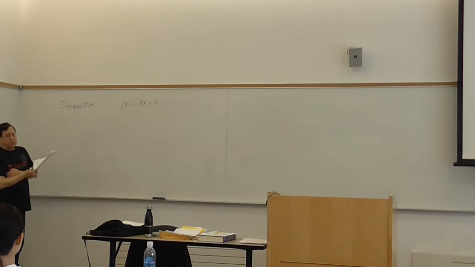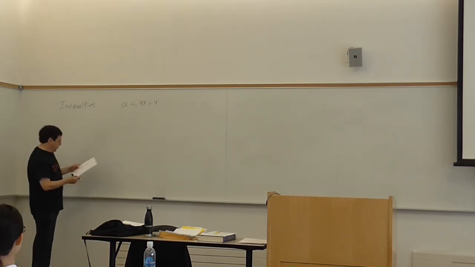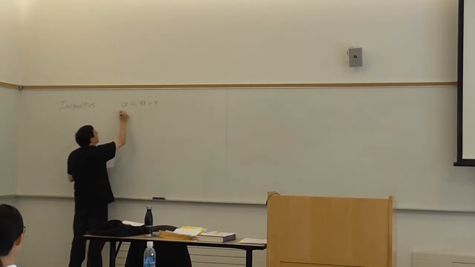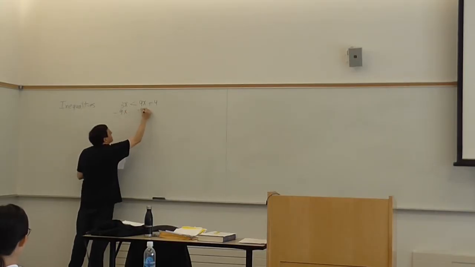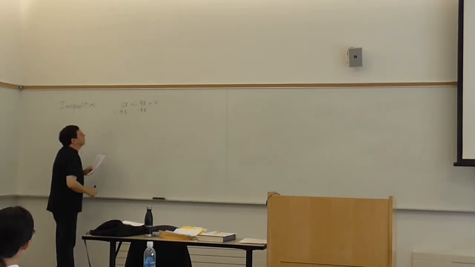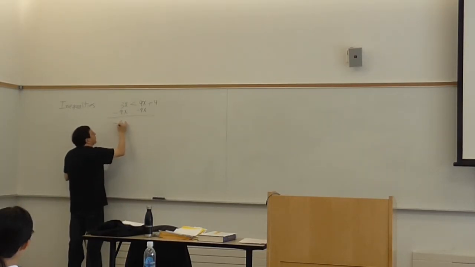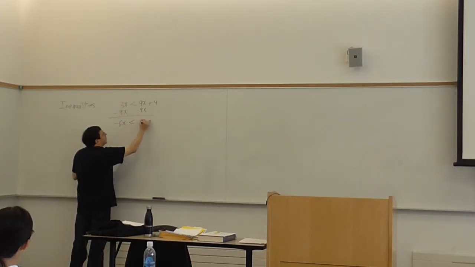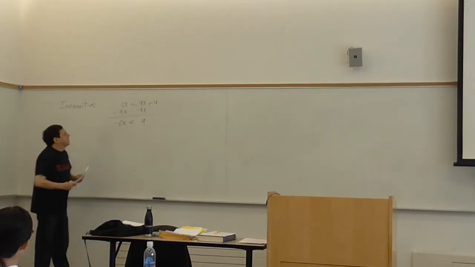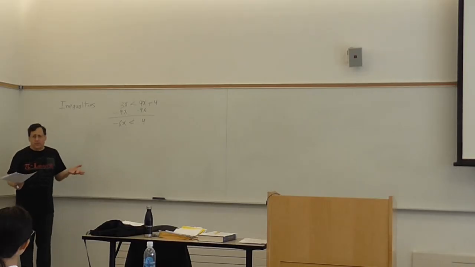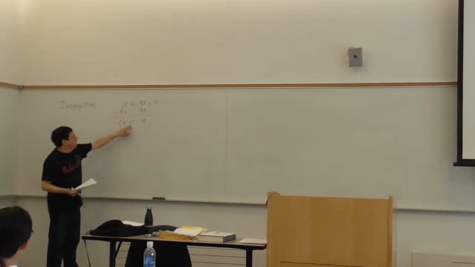So we can go about this a couple different ways, but I'm going to start off by subtracting 9x from both sides, because I like my x's on the left. Not important, but I do. So we have minus 6x is less than 4. You know, because I can add or subtract the same thing from both sides without changing the inequality.